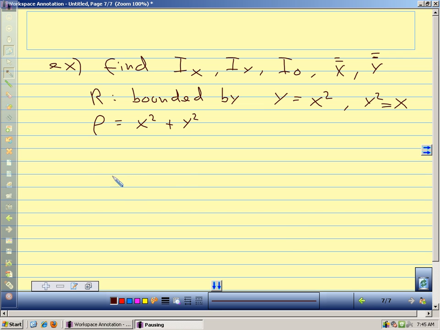So let's sketch our region. There's y and x. Y equals x squared is here. Y squared equals x is here.